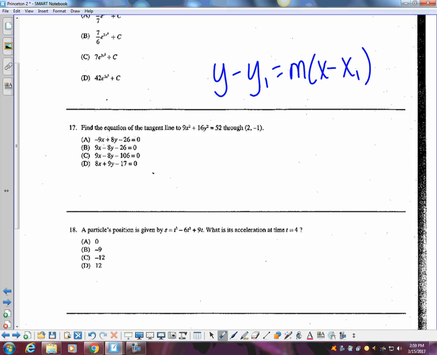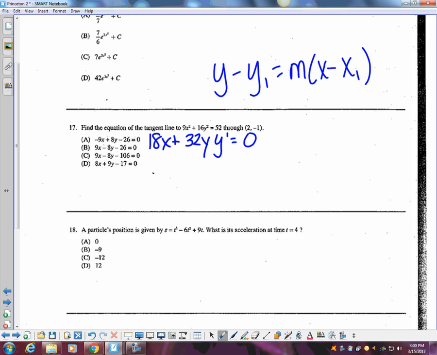So I need the derivative. What you got? 18x plus 32y. I'm going to go y prime. Are y'all okay with that? I mean, you can go dy dx, but equals 0. Plug in. Now be careful you don't plug anything in for y prime.